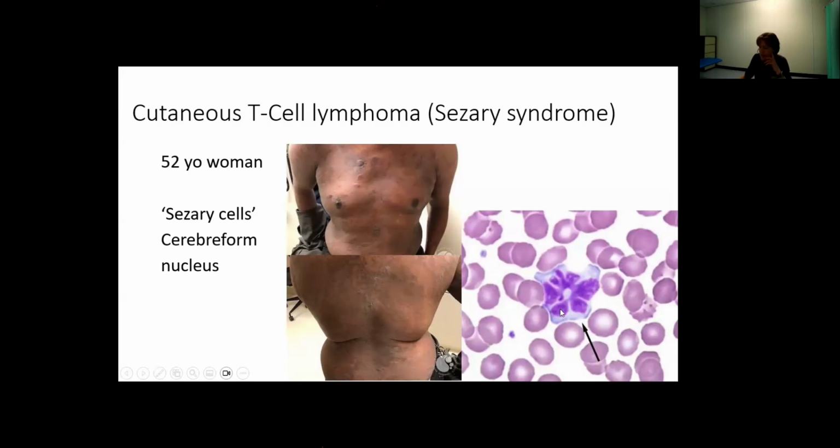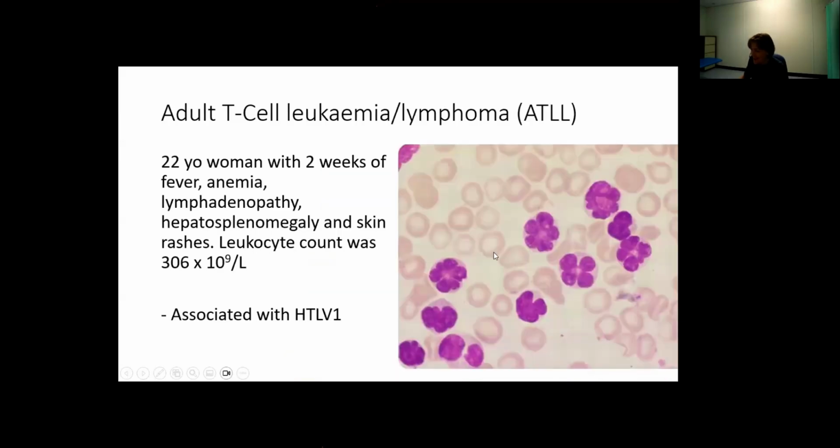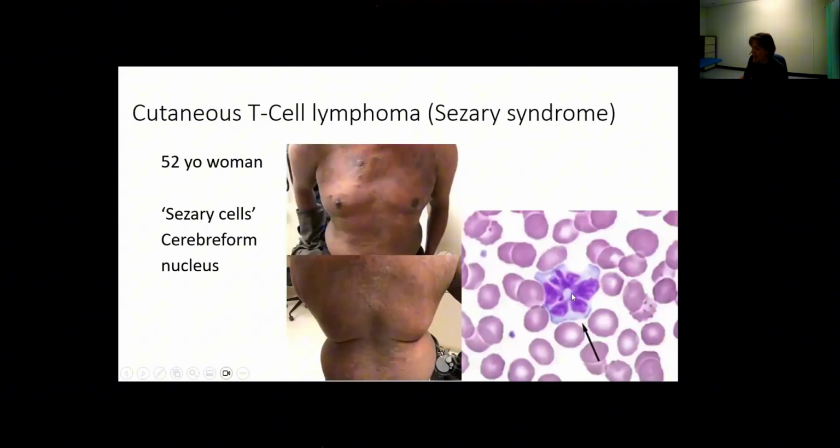I would argue, and you would be right if you were thinking the same, that this doesn't look that dissimilar to the ones that we saw in the previous one, but maybe less flower-like, maybe more brain-like. I'll leave that to you to decide. But the key is these are T cells, and they're pretty wild looking.